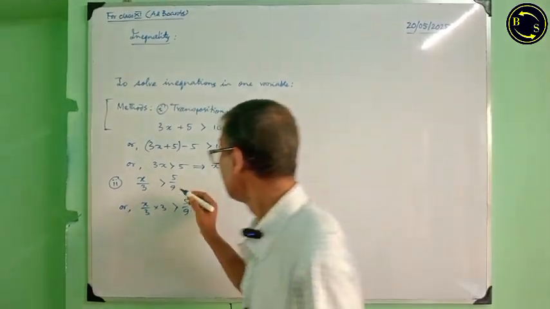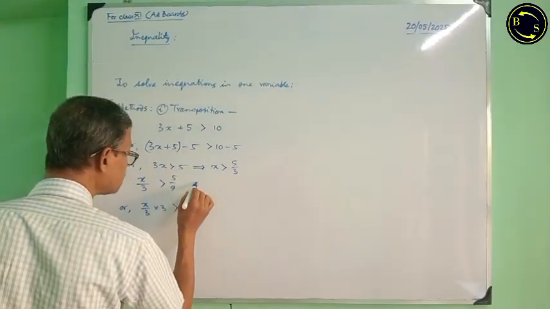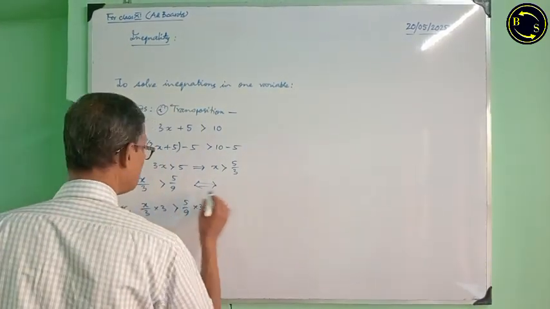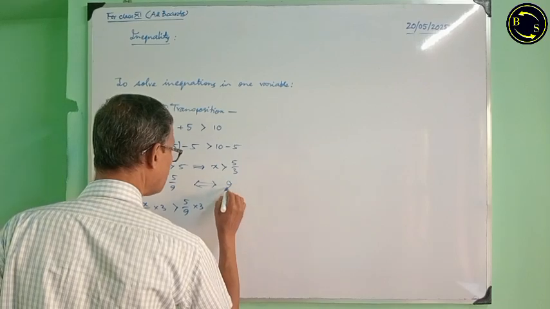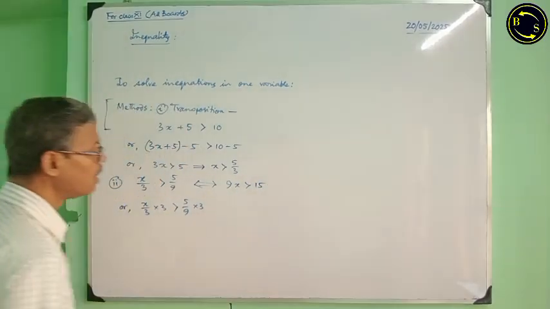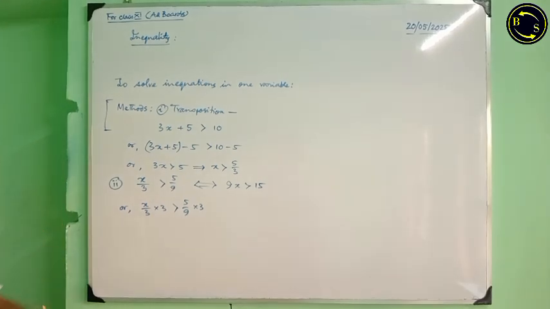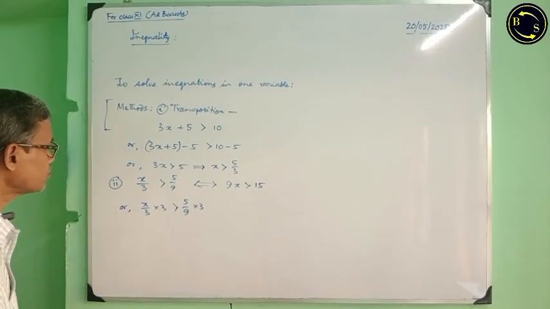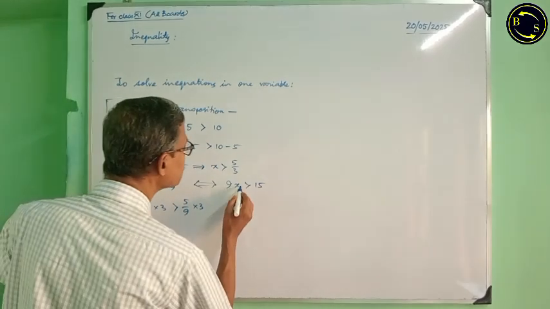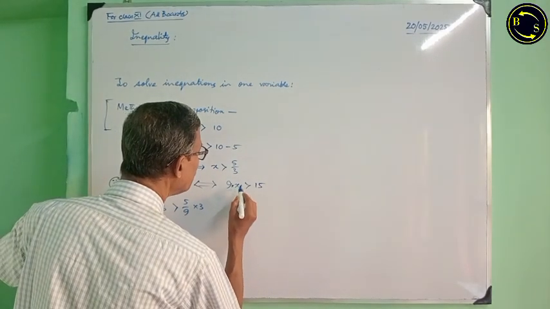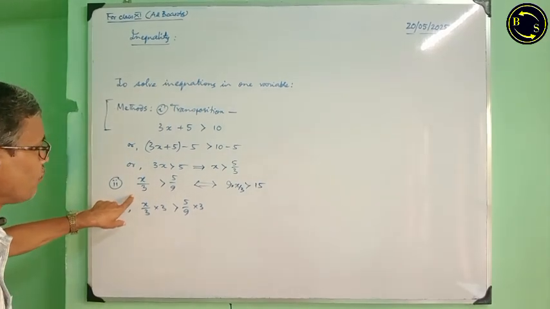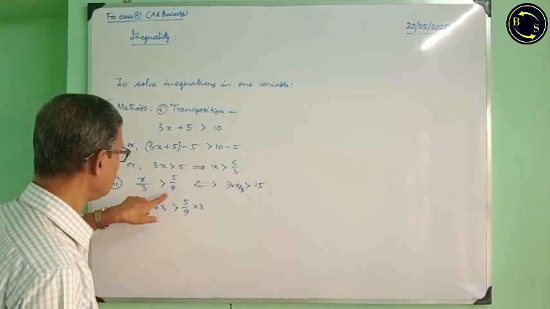Therefore, cross multiplication in this case, nine x greater than 50, valid. Nine x, x by 3. Oh, sorry.